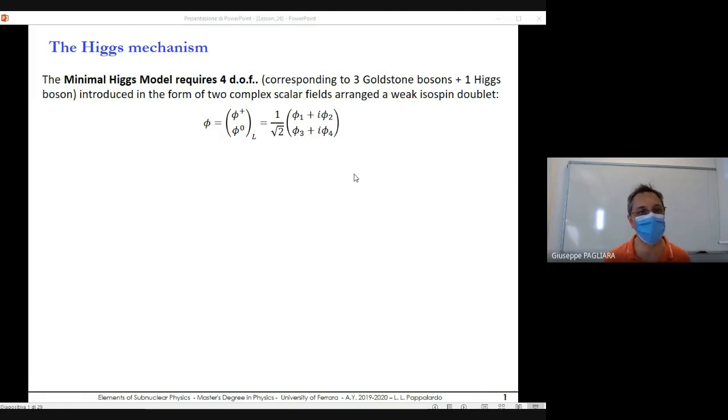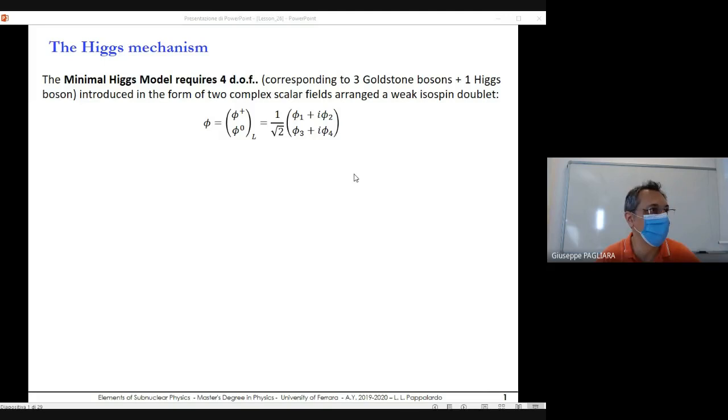Let me just recap a few things before we go to the new part. So as we mentioned yesterday, the minimal Higgs model requires 4 degrees of freedom, 3 of which will become Goldstone bosons, so unphysical massless bosons that appear in the theory. And they have to be somehow dropped from the Lagrangian.